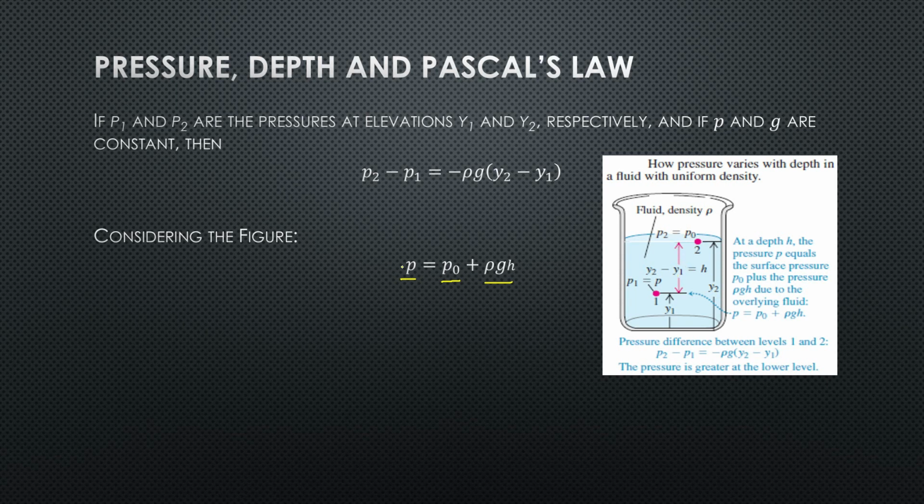So for absolute pressure, we need to consider the atmospheric pressure at point 2 and the gauge pressure at a certain depth. So reminder, this is absolute pressure, atmospheric pressure, and gauge pressure.